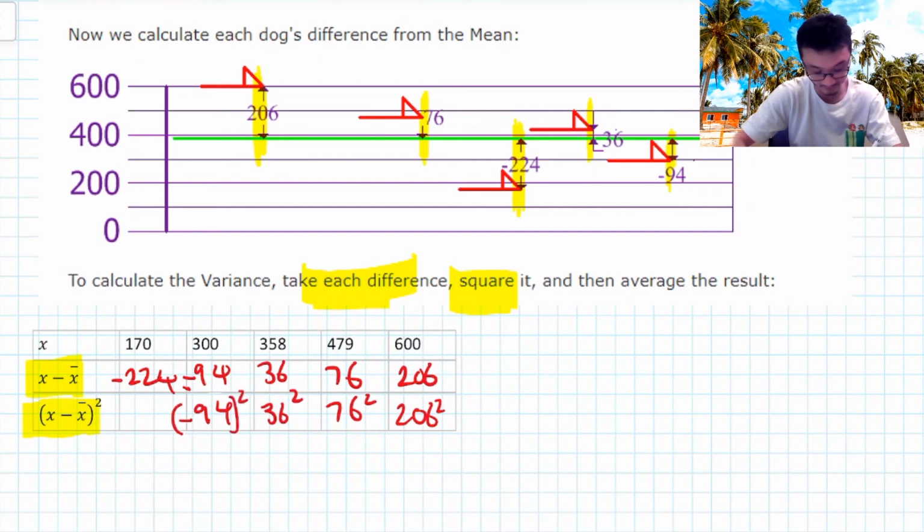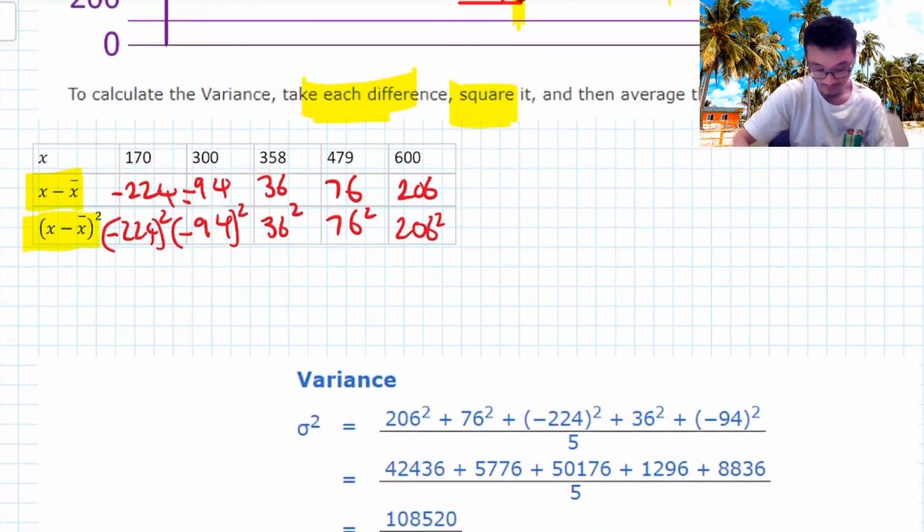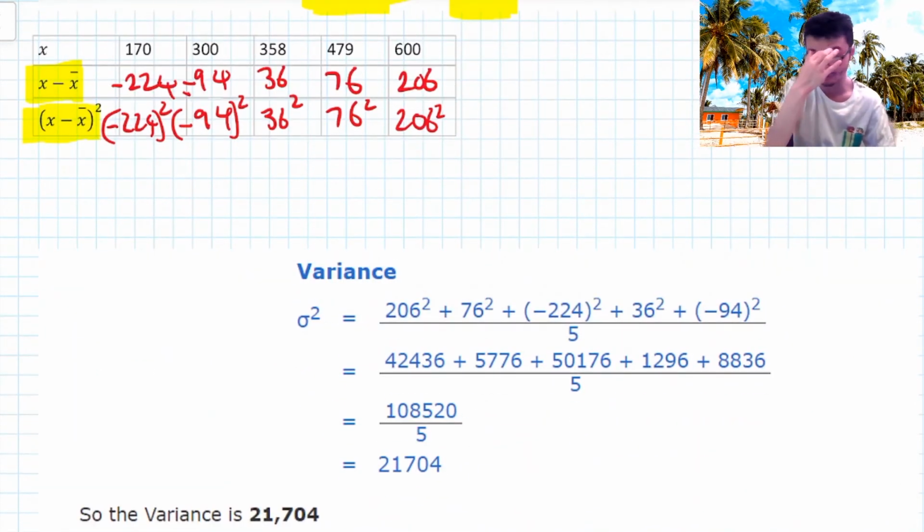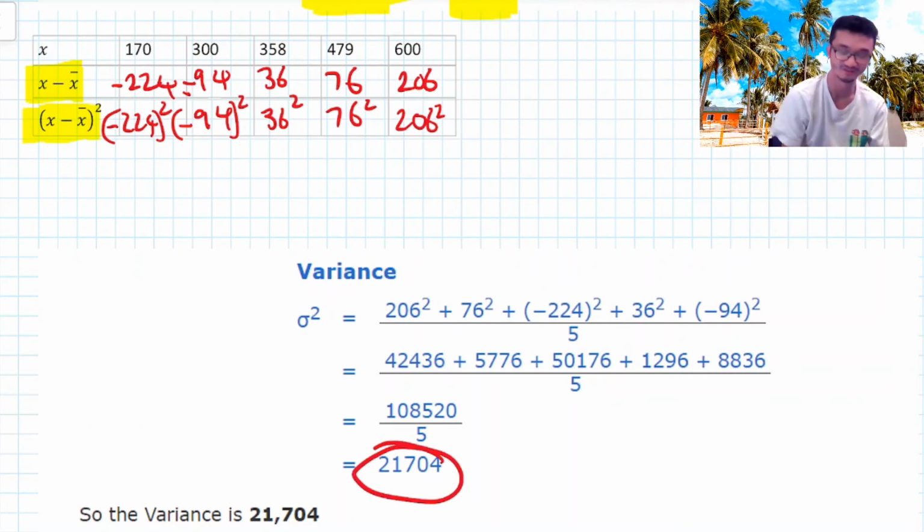So negative 94 all squared and negative 224 all squared. Obviously, when you square, that's not going to affect the result though. And you can see now they're going to take the average of all of these numbers. They treat all of these as a new data set, and divide by 5 because that's how many numbers there are. Then they get this big old number here: 21,704. Okay, that's a pretty big number.